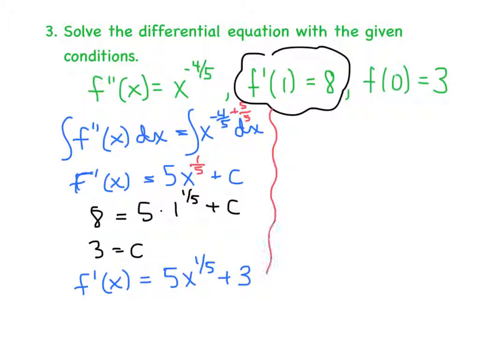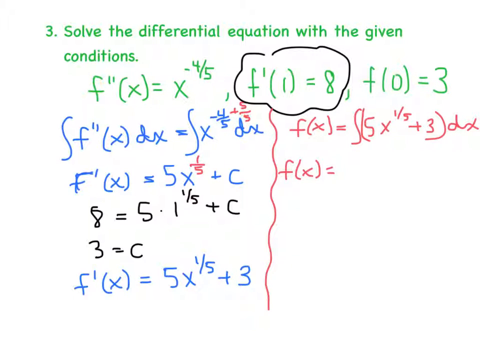Okay, so now let's go ahead and do the integral of f prime, which of course would be f of x, and we have to take the integral of the other side. So the integral of 5x to the 1/5 plus 3 dx. All right, so f of x is going to equal 5.